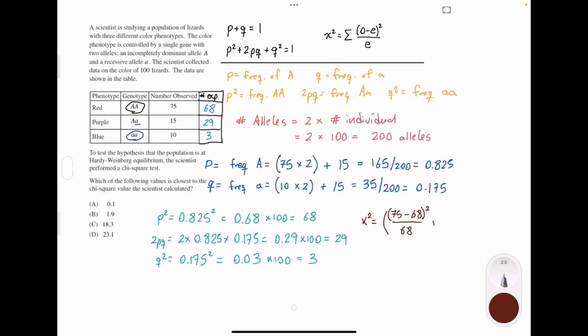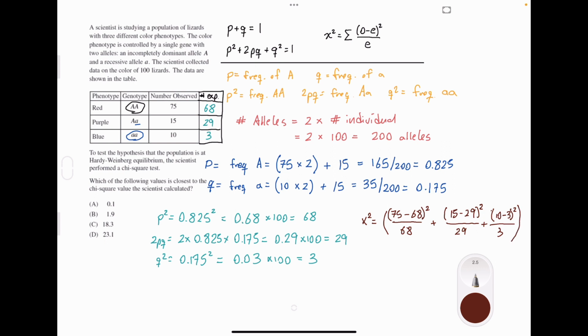We go ahead and add this to our heterozygous, right? So 15 minus 29 squared divided by 29, plus 10 minus 3 squared divided by 3.